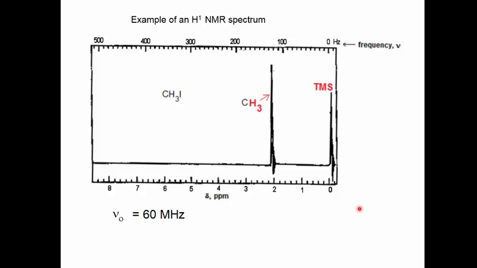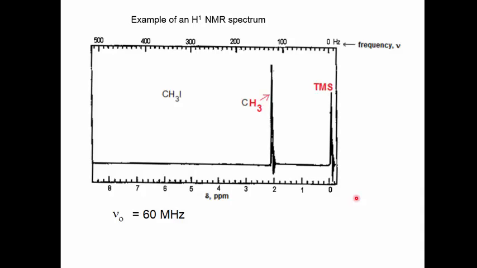Because of this, the net magnetic field at the TMS nuclei is lower than that of all nuclei in organic compounds. Remember, when the net magnetic field is low, the frequency of the spinning nucleus is also low. So in an NMR sample, of all the spinning nuclei, including organic sample molecules and TMS molecules, the TMS nuclei spin at the lowest frequency and will always have the lowest delta value.